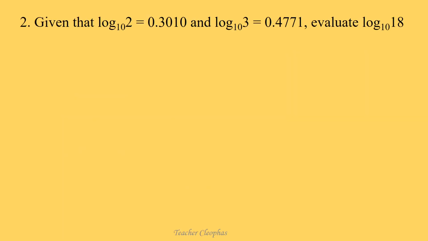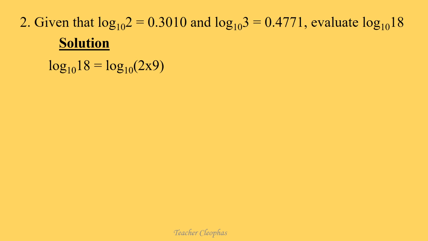Question 2. Given that logarithm of 2 to base 10 is equal to 0.3010 and logarithm of 3 to base 10 is equal to 0.4771, evaluate logarithm of 18 to base 10. Solution.